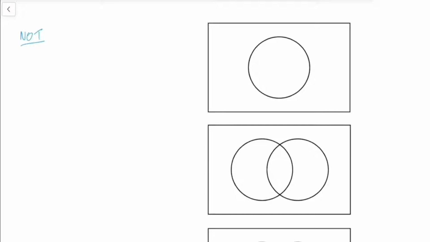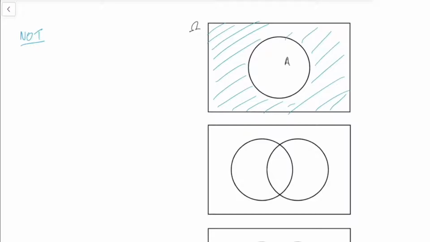So here in this first square and circle on the right, the square on the outside here is representing omega, the entire sample space, and this circle in the middle is representing a particular event, A. And so if we think of that circle and everything inside being an event A, then the event that A doesn't happen is everything that's in the sample space but is not that set A. So that's all of this.